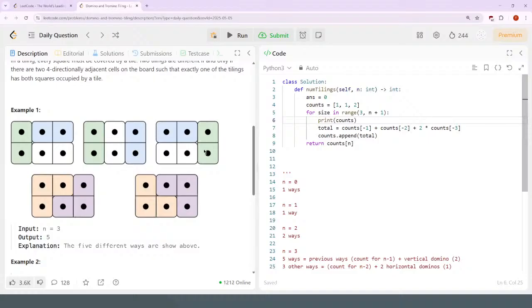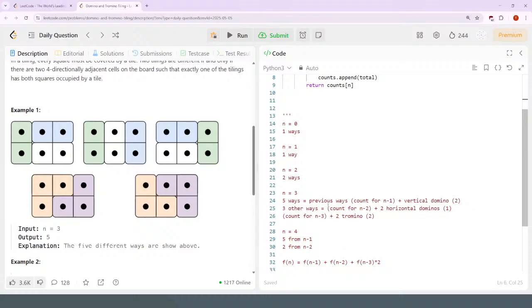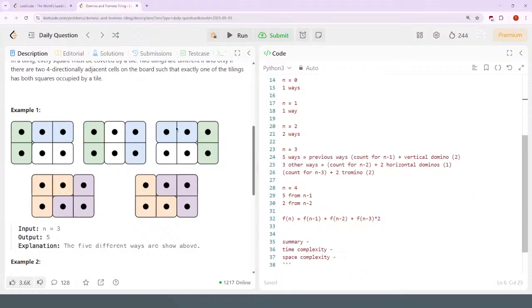So you add 1 vertical, number of ways you do the previous n minus 1 plus a vertical, the number of ways you do the previous n minus 2, and then you can't do 2 verticals because that's already counted, so you have to do 2 horizontals.